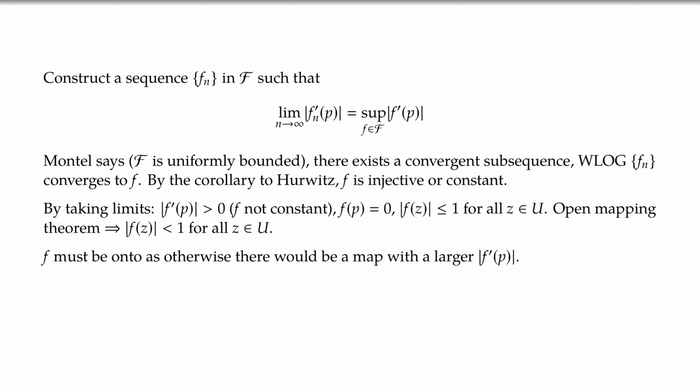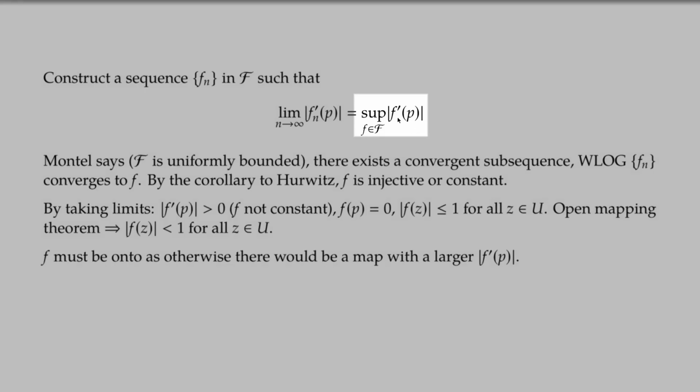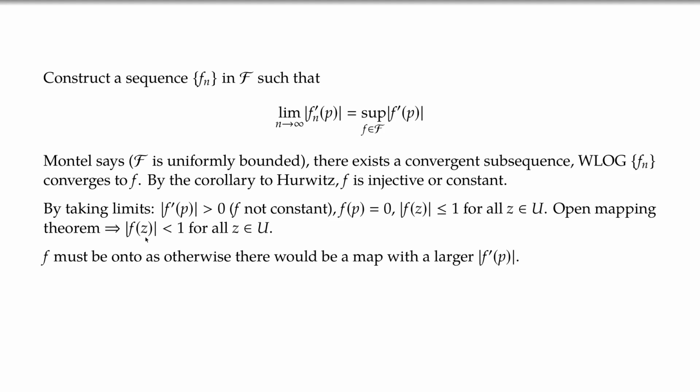One of the things that Montel proves is that the supremum is actually finite, because it is the f prime at p of some function, and that function is the largest it can be. There is nothing larger, so this must be onto, right?